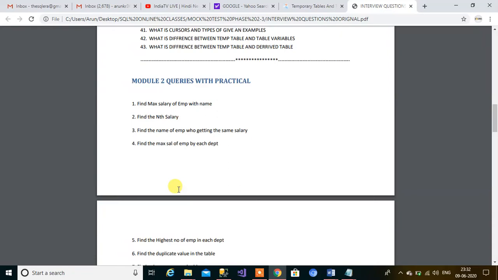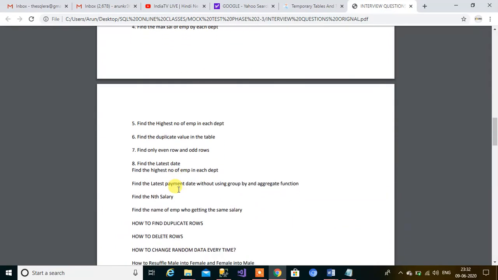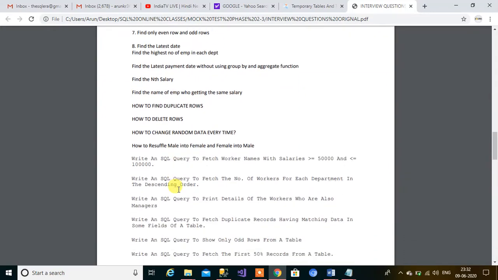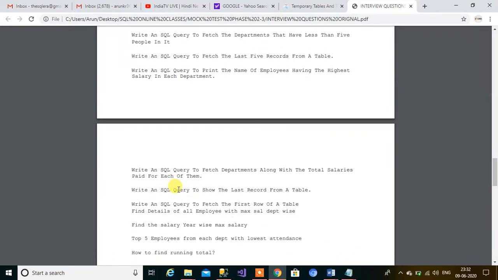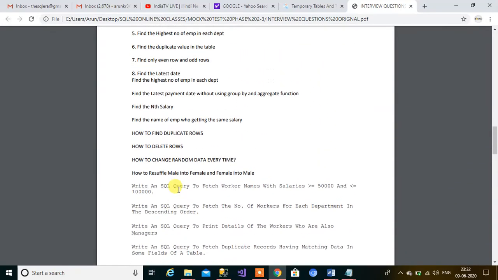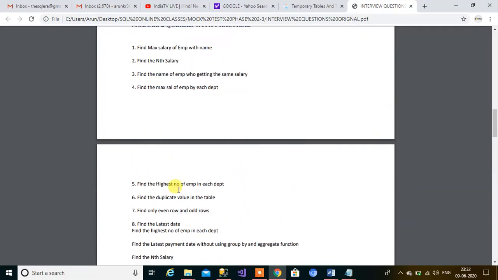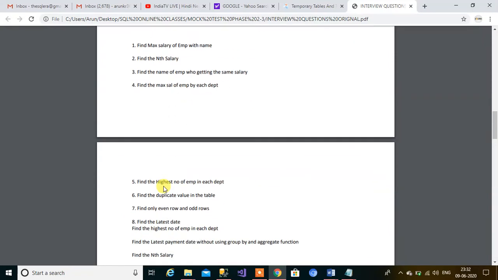Definitely they will ask. All interviewers ask for queries, so go through all the queries one by one and try to solve them. Look at this. The first questions are: find the max salary, find the net salary, find the names of employees, find the max salary of employees by each department.